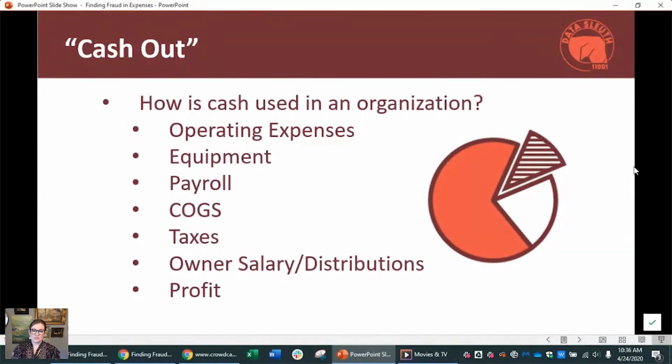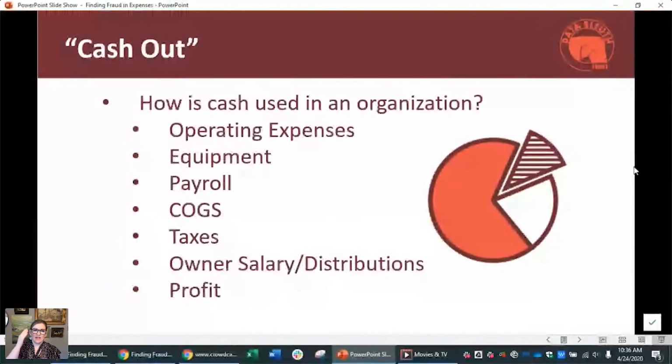So if we understand how all of this money leaves, then we can know how to go back and quantify what's missing in an organization. If all of these items that I've listed are already spoken for, so rent has to be paid at the first of every month, payroll has to be paid, let's say twice a month, your vendors have to be paid for your cost of goods sold, taxes definitely have to be paid.